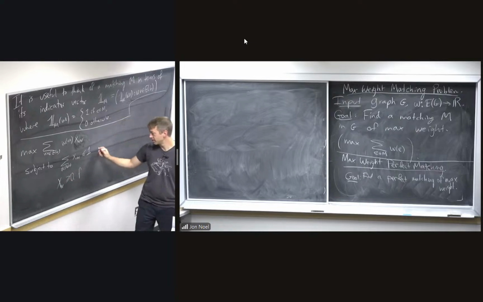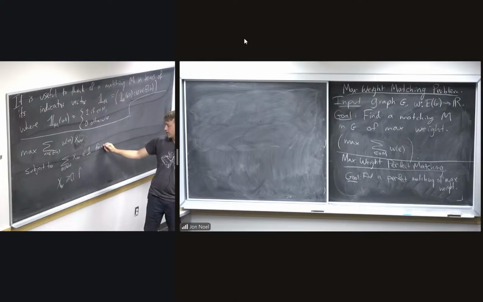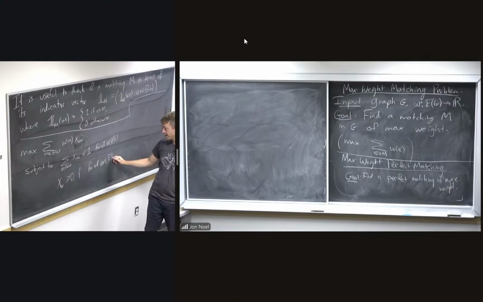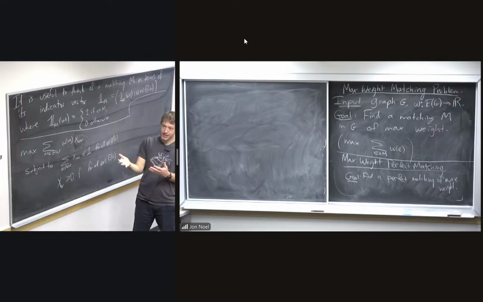This is for all u in the vertex set, and this is for all uv in the edge set. What I'm trying to say is I'm taking this maximum weight matching problem and turning it into a numerical problem.